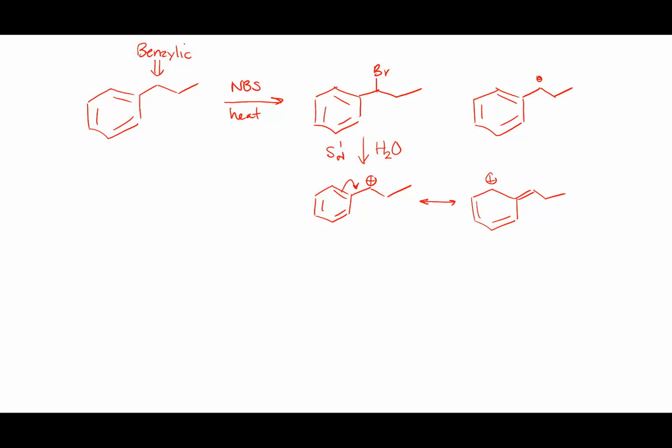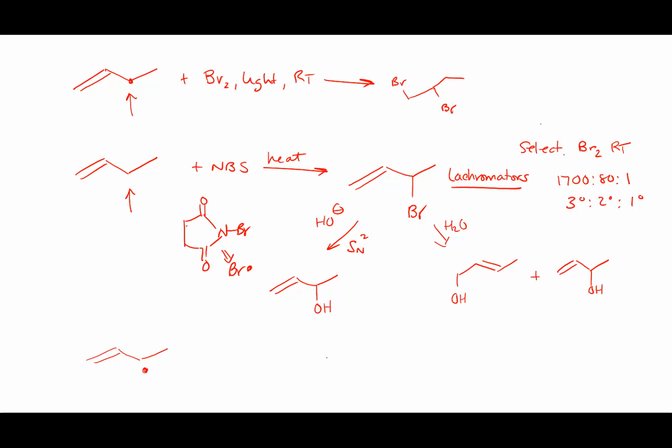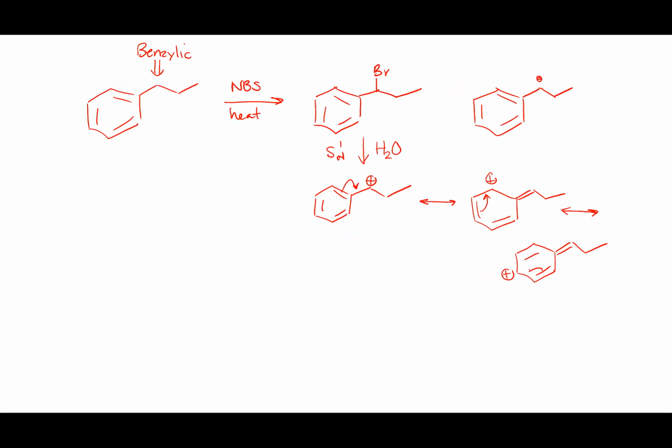All of these are allylic-like carbocations, so now I could move this pair of electrons here, and that's going to form another resonance structure. Then I can move this pair of electrons here to form that third carbocation.